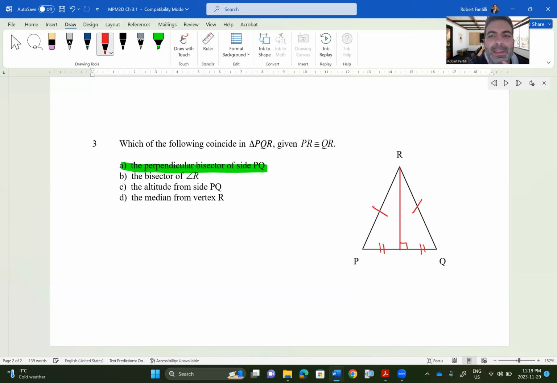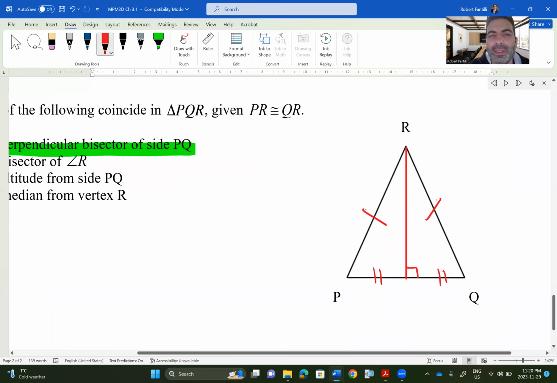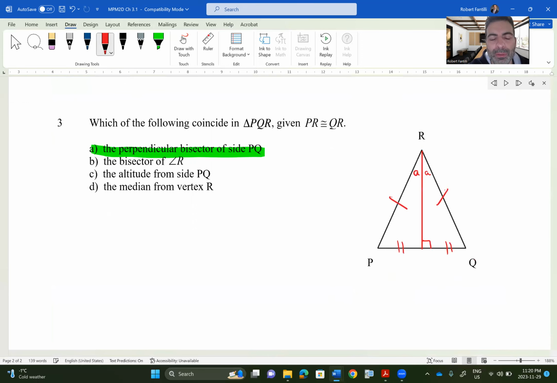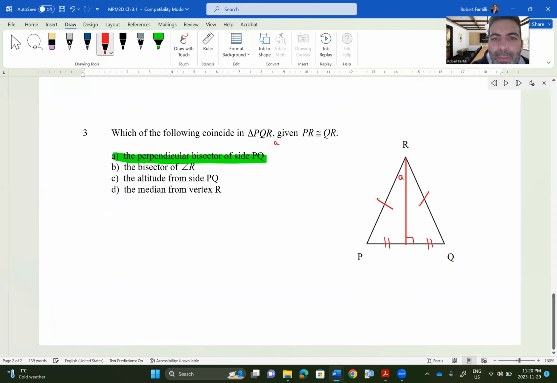If I look at that median from R, let's call this S. The line from R to S is a median because it goes to the midpoint, but it's also, at the same time, a right bisector because it's an isosceles triangle. Well, a right bisector in an isosceles triangle cuts that angle. I'll call that angle A, and let's call that angle A. Those two angles there are equal.